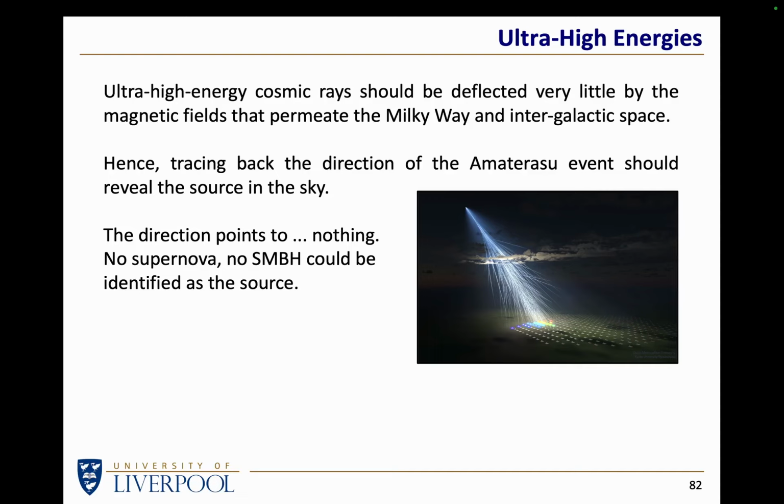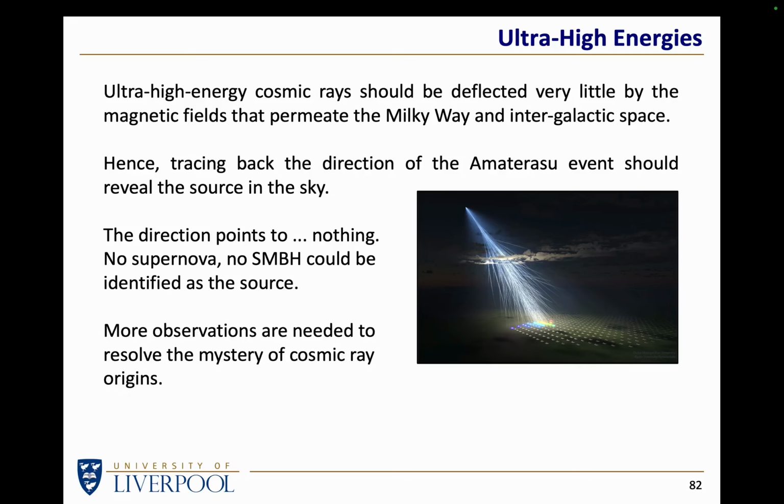They could not identify any supernova which could have been the origin of that event. They could not identify any galaxy with a supermassive black hole which could have been the origin for that particular particle. So something is wrong. Either supermassive black holes and supernovae are not the sources and there's something else there that's producing these particles, or the magnetic fields out there are stronger than we reckoned and they are deflecting the particles, even these really energetic ones, to the point where we can't simply trace back to where they come from.